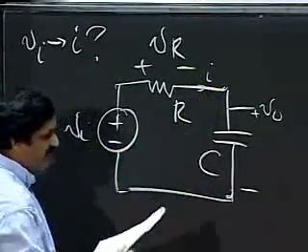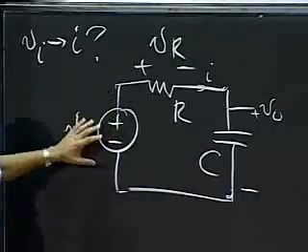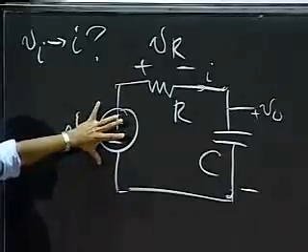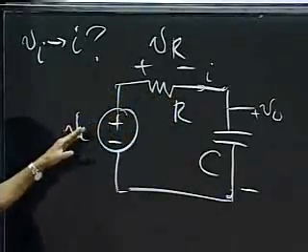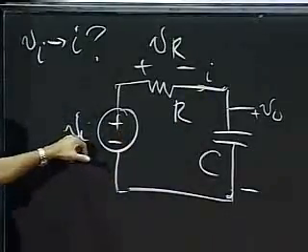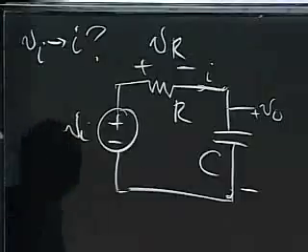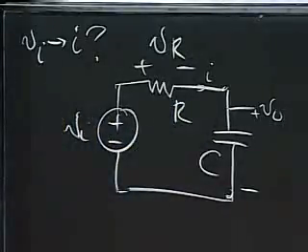I don't know what the current is yet. And I stick a voltage here. And what I'm trying to do is see if I stick a voltage and a resistance in series, then there is some relationship between the current and this voltage. Okay, recall I'm trying to make this current be directly proportional to the voltage VI.